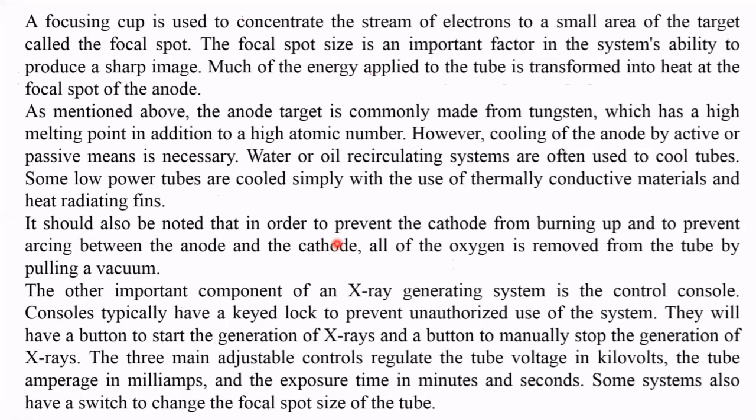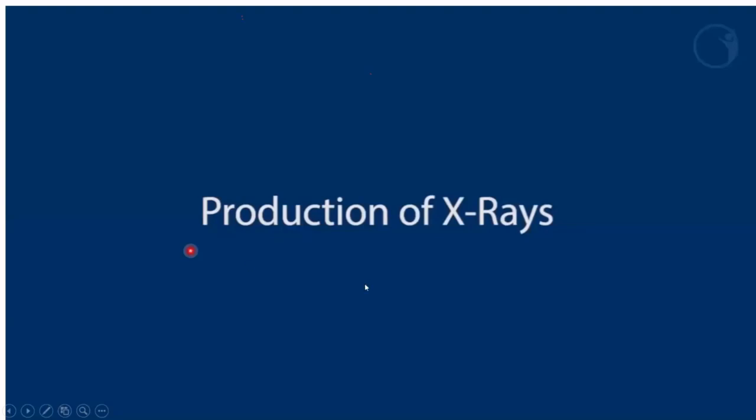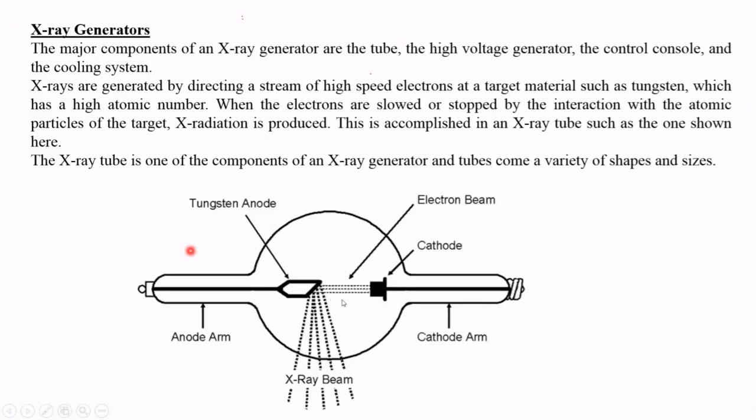Next, here is one more device, the focal cup. The main purpose of the focal cup is simply to concentrate all the electrons. If all electrons hit the same spot, you can generate continuous X-rays in a proper direction.